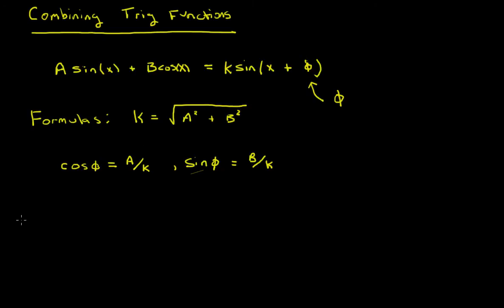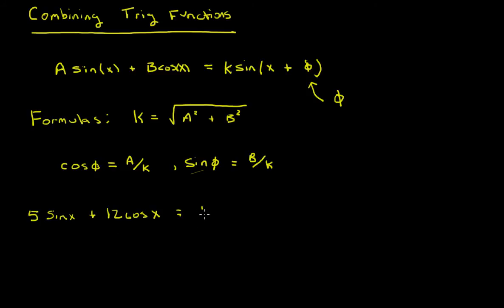So starting off with, let's work with the easiest case, which is where our phase would lie in quadrant 1. So let's say we have 5 times the sine x plus 12 cosine x. You might recognize 5 and 12 as being part of a perfect right triangle where we have integer values for our three sides.